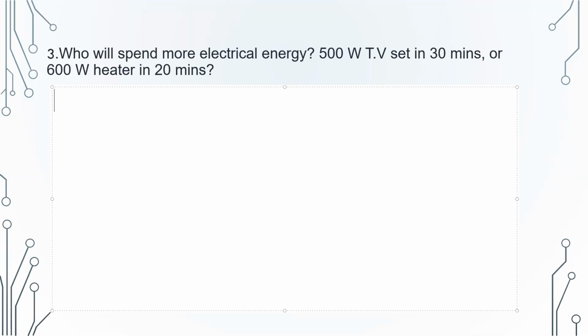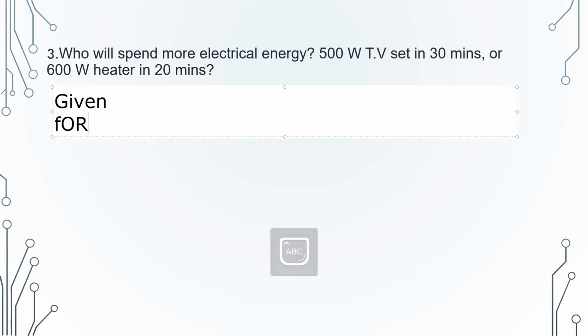What is given here? Given, for TV set, the power is 500 watt. We will take the power of TV set as P1.